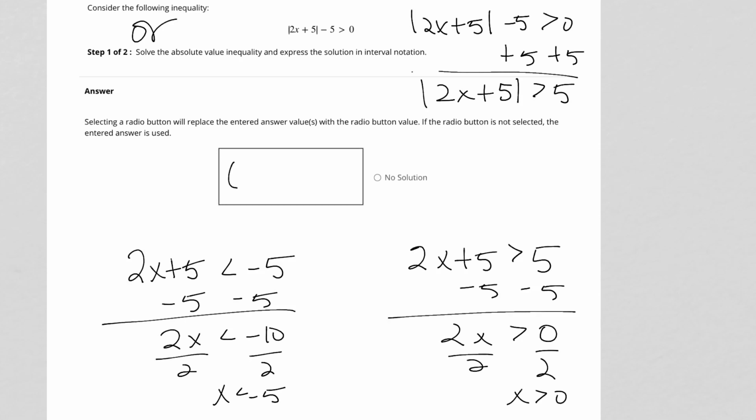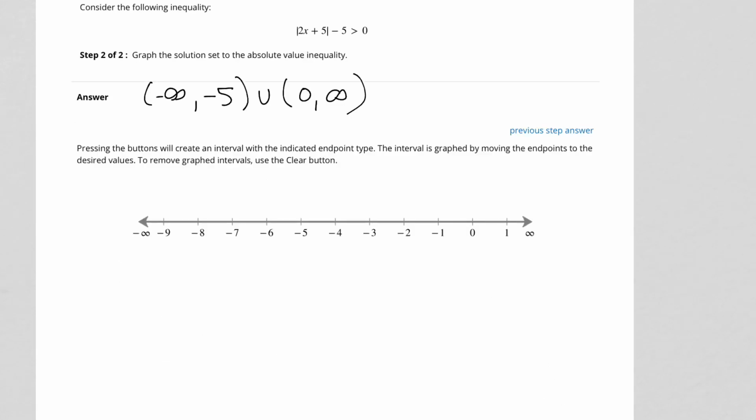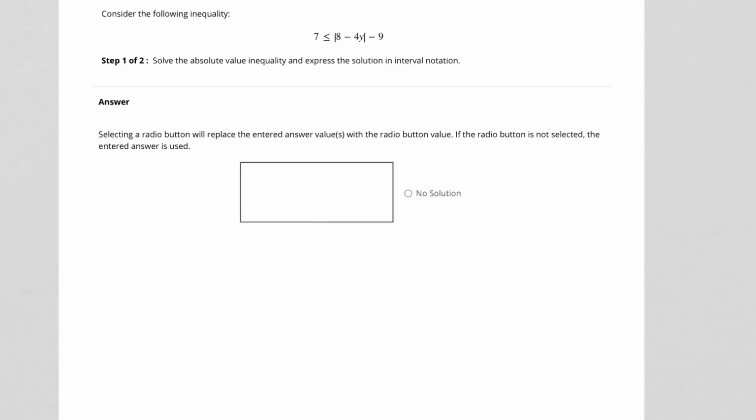So I have from negative infinity to negative 5 with a parenthesis, and then from 0 to infinity. Graphing that solution, I'm going to put a parenthesis that opens to the left at negative 5, shade that direction, a parenthesis at 0 that opens to the right, and shade to the right.